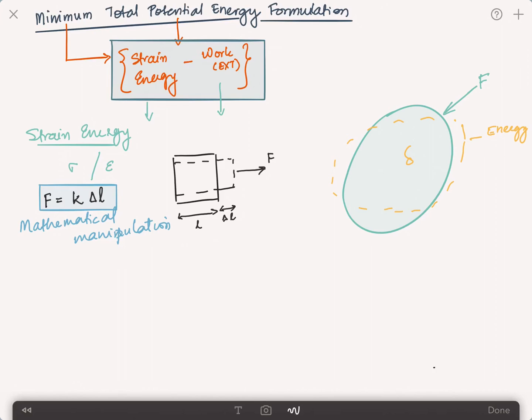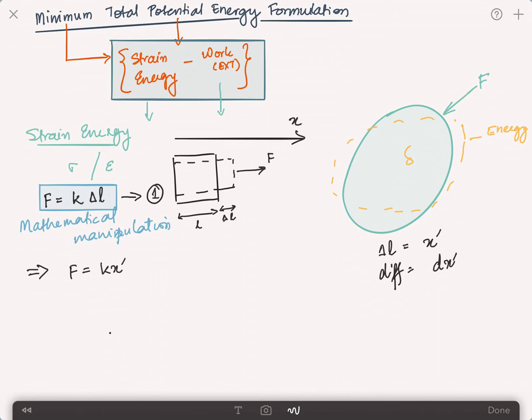Now if I say that delta L can be represented as a small change in x as x dash, because the length in this direction is given as x, so a change in this length x is given as x dash, a small change. And if I want to look at a differential change, a really tiny change, then I can also write it as dx dash. So the equation which we started off with, let's call this equation 1, we can just replace delta L and then we can write F = kx dash, right?